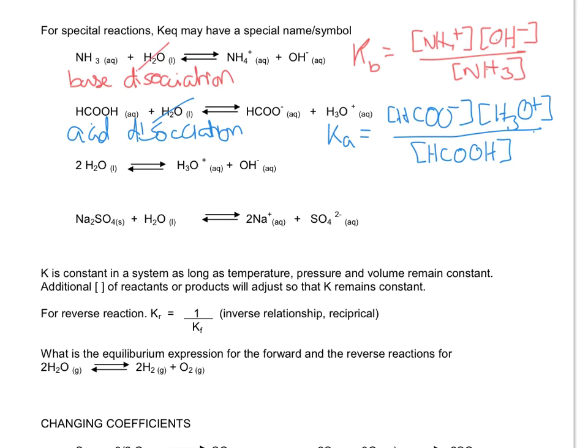And so this is special again, and this is called the water dissociation reaction. Water dissociation. And so again, instead of just giving it any name as KQ, we give it a special name. So instead we call it KW for water. It's the water dissociation constant.